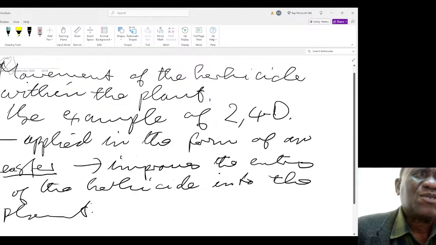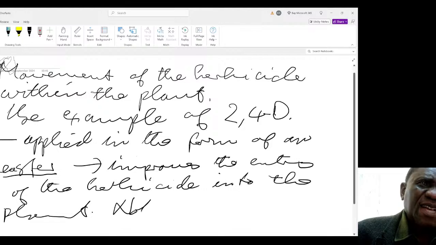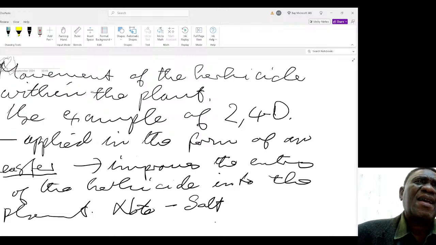But this herbicide has to reach the site of action. If you formulate it as an ester, it can easily enter the plant. However, you may note that if you have got a formulation of a salt, this herbicide may not easily enter the plant.